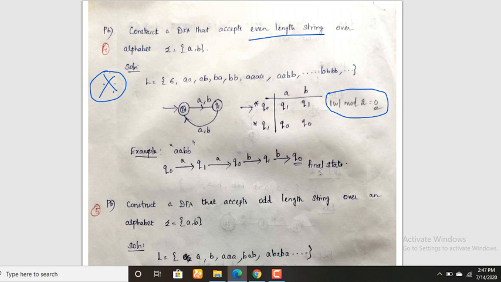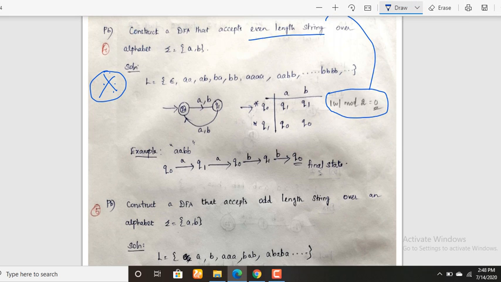In some cases, instead of writing the statement, DFA that accepts even length string, they could add this expression instead. That is, even length string means length of string modulo 2 equal to 0.